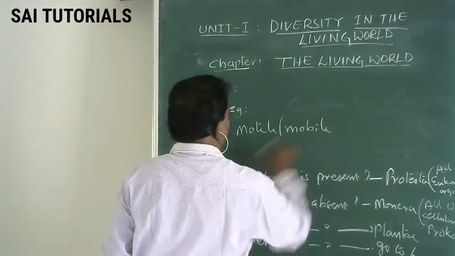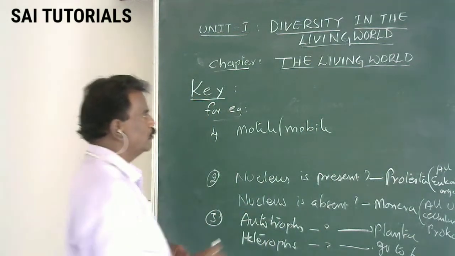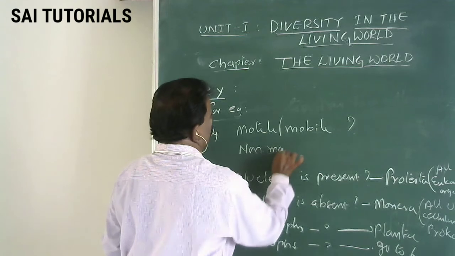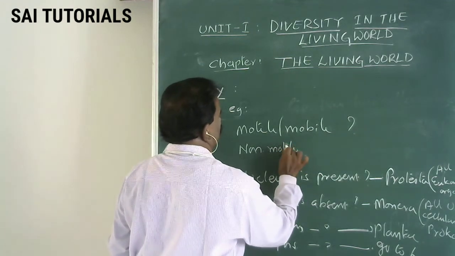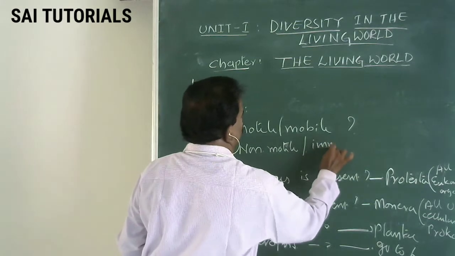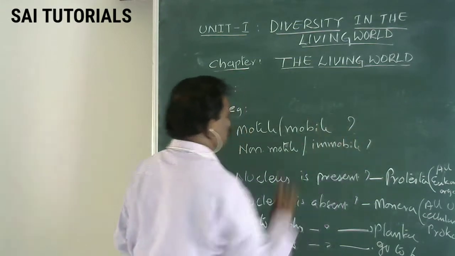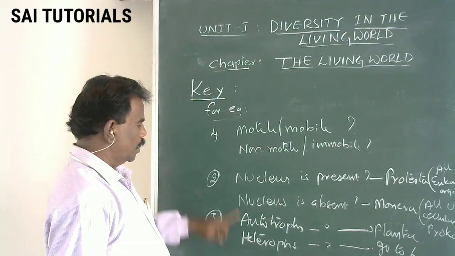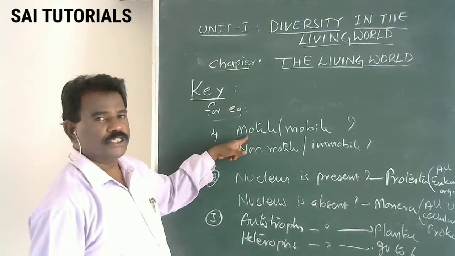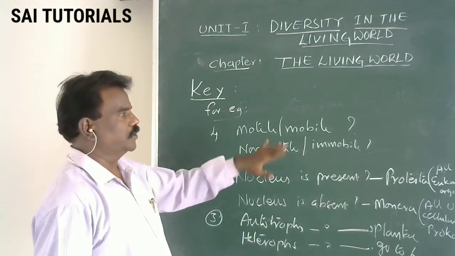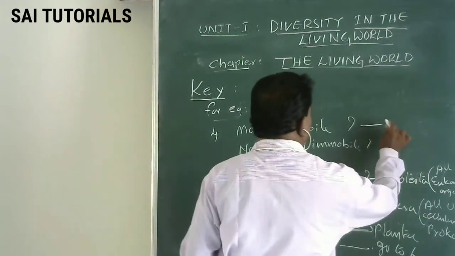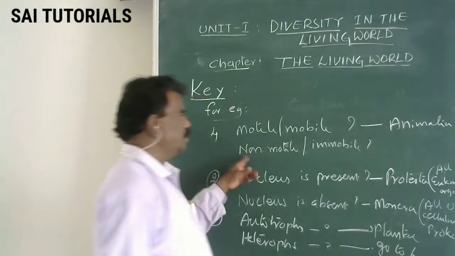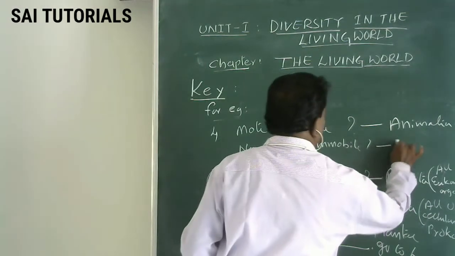Whether this organism is motile, shows movement, or is non-motile, immobile. If the organism is multicellular, heterotrophic, and shows movement, locomotion, it belongs to Animalia. If it is non-motile or immobile, it is fungi.